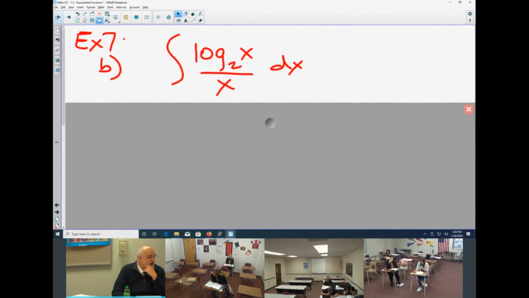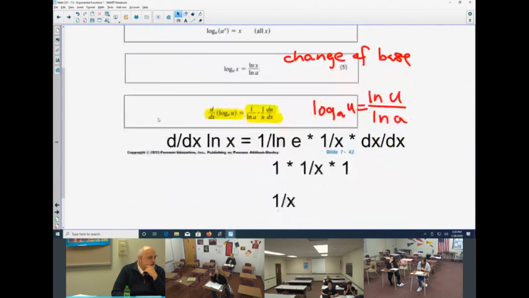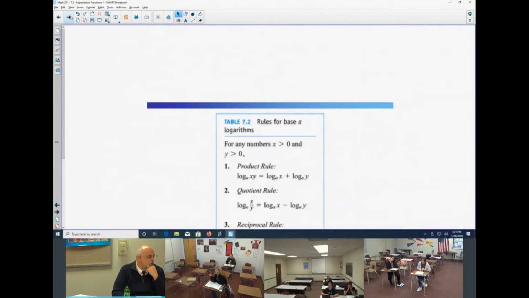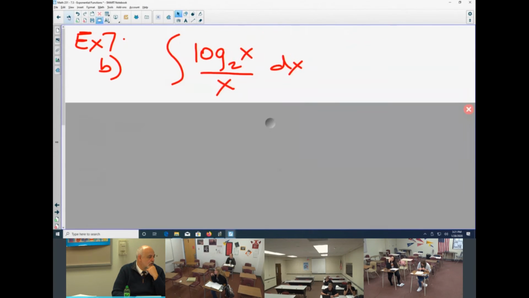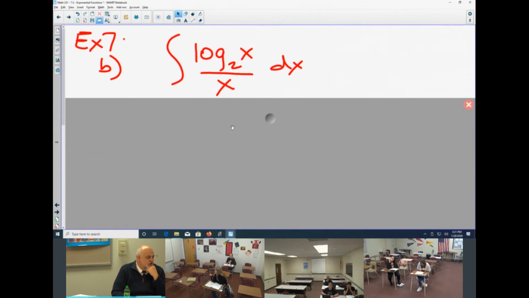Okay, so now let's go back to the integral formula. Let's see, where is the integral formula? Okay, so to do the integral here, when we have a different base, we're going to use the change of base formula to write it as a natural log.